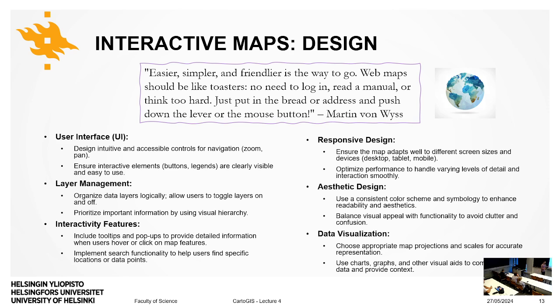Another thing to think about is layer management. If you're having, for example, a drop-down list of layers that users can choose from, try to be logical with the order. If there is one layer that you know 90% of the users will use, then it can be the default or the top of your list. So try to make it as simple as possible.